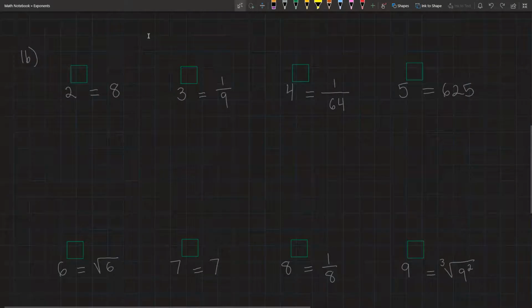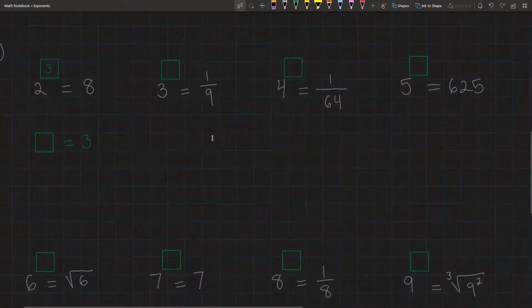I have technology, let's use it. The something is 3. I gave you more time to think about it. 2 to the third, and you can check it. 2 to the third is 8.